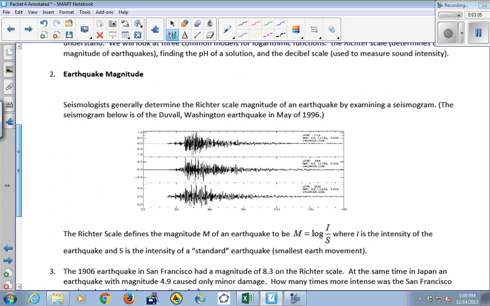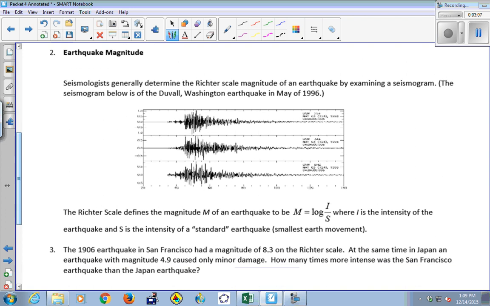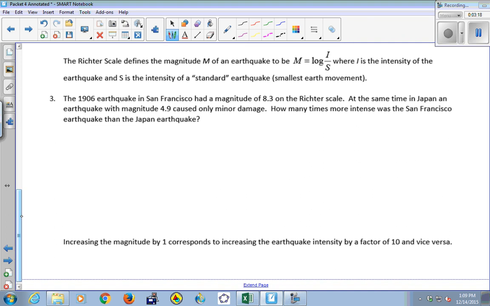So one of these examples is the earthquake magnitude. Seismologists generally determine the Richter scale magnitude of an earthquake by examining a seismogram. And this is just a picture of one. The Richter scale defines the magnitude M of an earthquake to be the log of I divided by S. I is the intensity of the earthquake as measured by the seismogram, right?